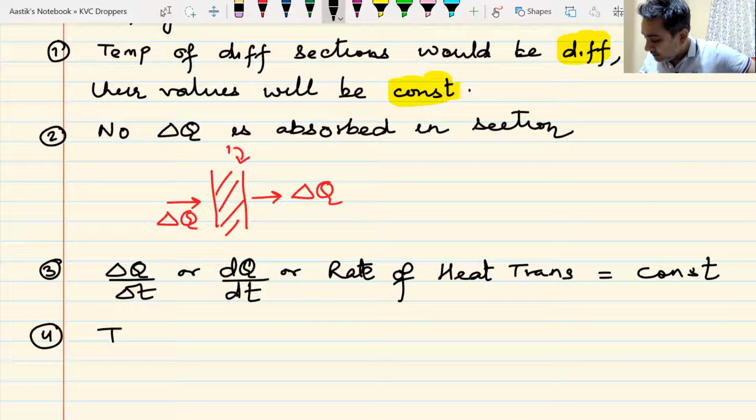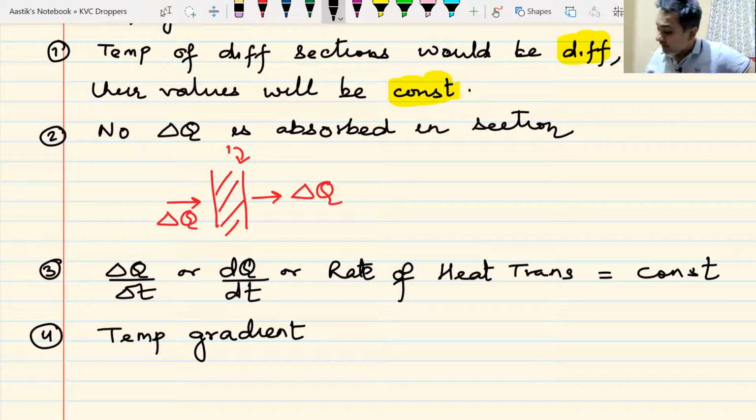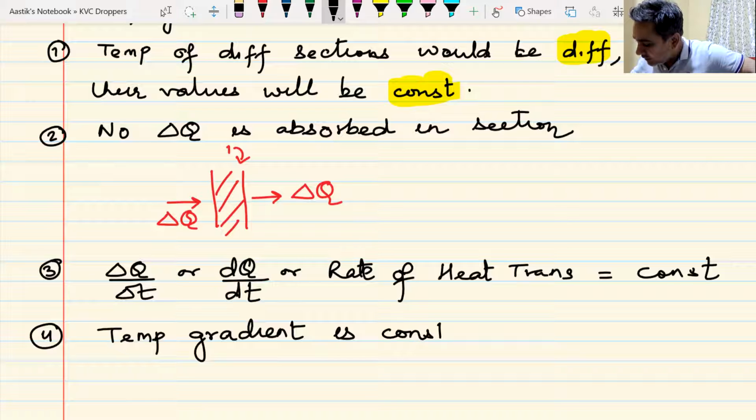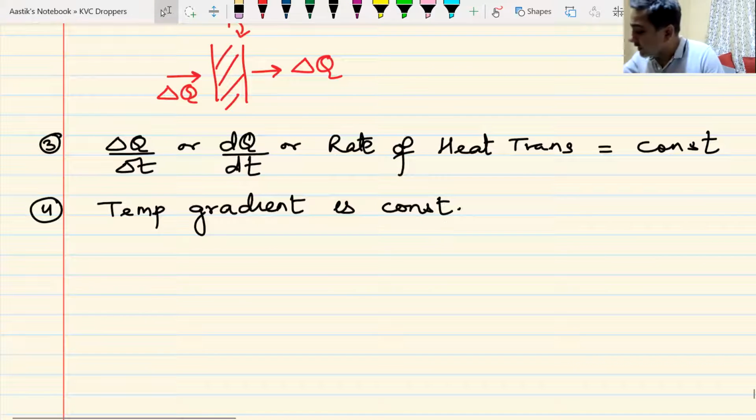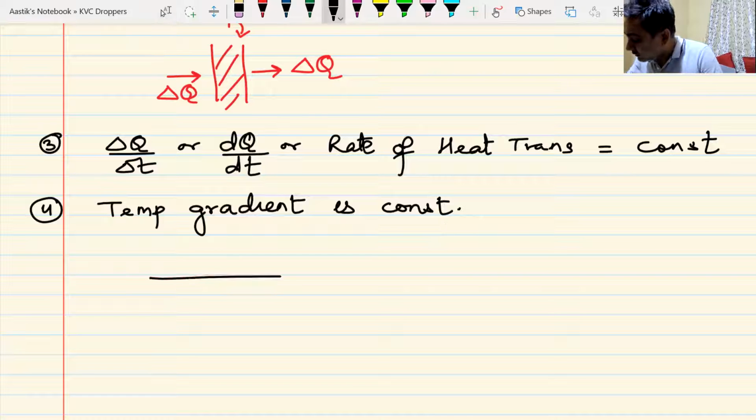The next point is temperature gradient. Temperature gradient is constant. Now what is this temperature gradient? I am going to explain to you just now. Don't worry. Let me draw that rod once again.